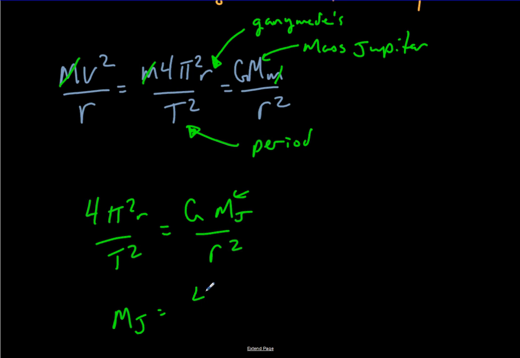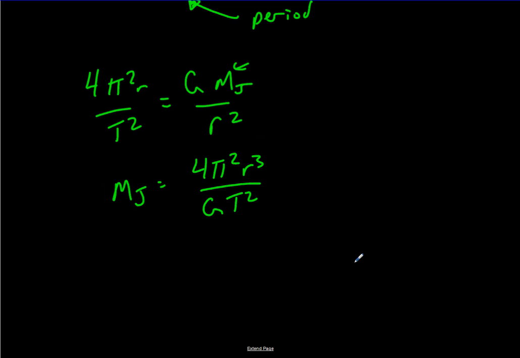So we should get 4 pi squared r cubed over G T squared. Is my algebra good? Check my algebra. r cubed comes up here, divide off G. Yeah, I think we're good.